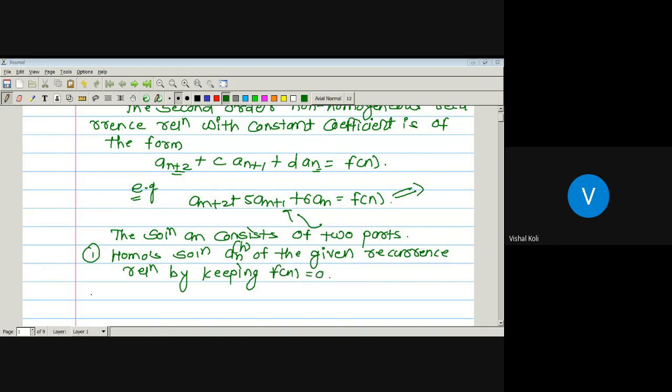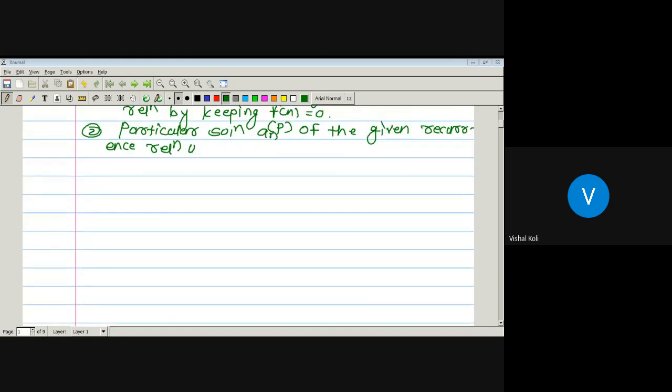And the second part is the particular solution, which can be denoted by the symbol a(n) to the power p, of the given recurrence relation with f of n on the right hand side.